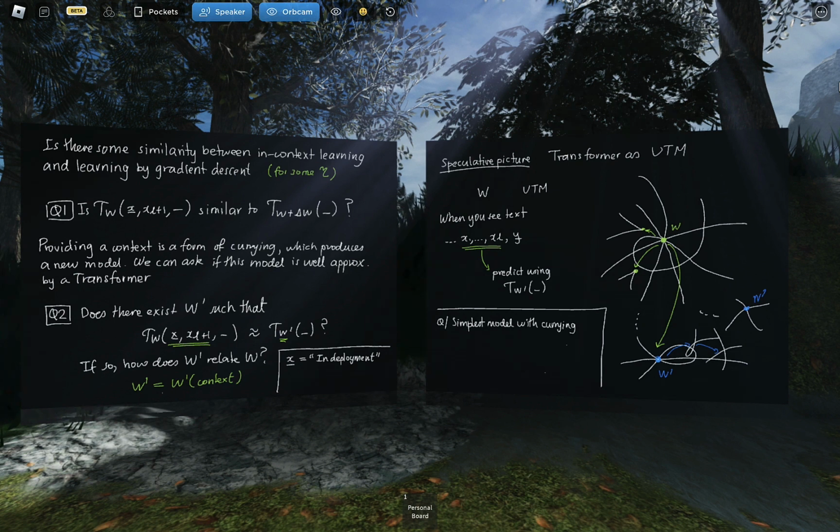I mean, okay, if we just take one attention layer on its own without all the other stuff, that's a relatively simple model. So maybe you can do simpler than that.